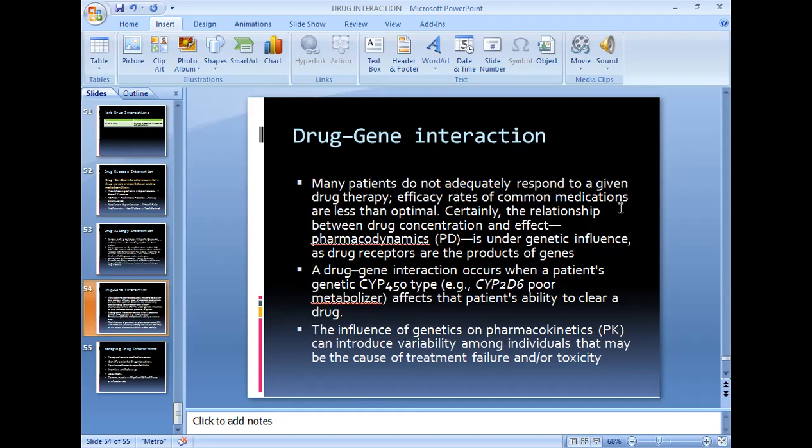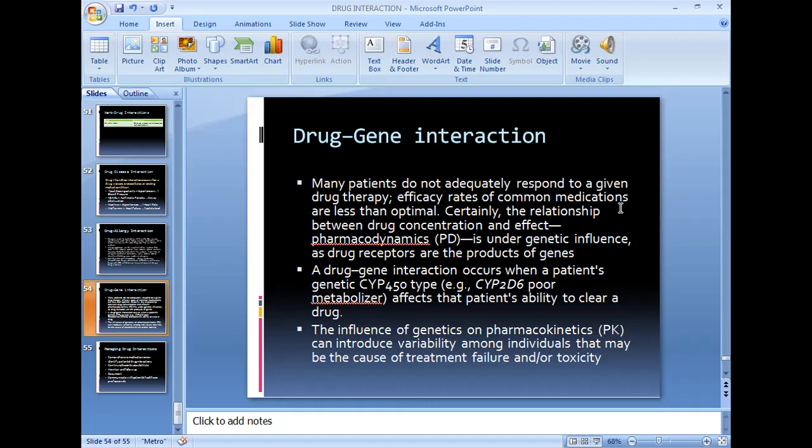Certainly, the relationship between drug concentration and effect, which is called pharmacodynamics, is under genetic influence. Why? Because the drug receptors are the product of genes. That's why some people do not adequately respond to the same drug while others have a good response.